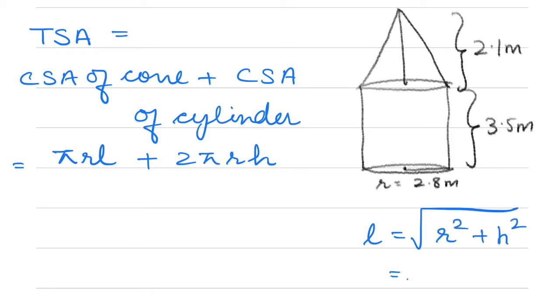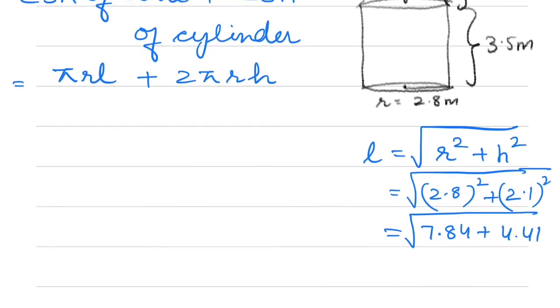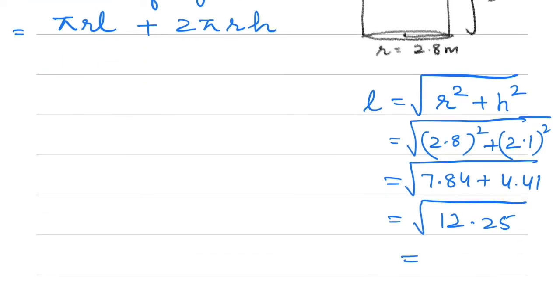So we have radius is 2.8 whole square plus 2.1 whole square, square root of 7.84 plus 4.41. This is equal to square root of 12.25. So this is a perfect square, so 3.5 meter.